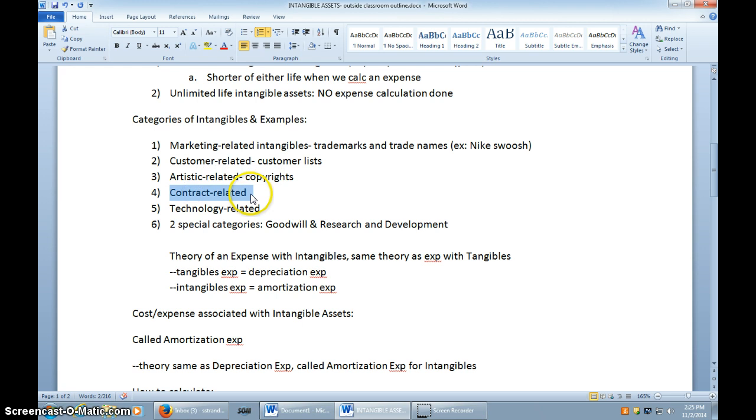There are contract-related intangible assets. Good example of that are franchises. When you own a franchise like McDonald's, Burger King, oops, didn't spell McDonald's right.